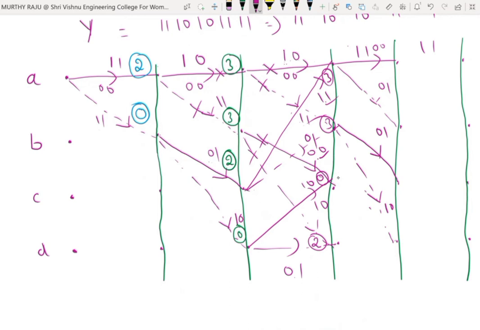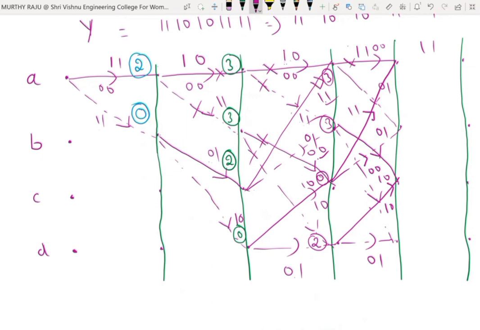C to A, the output is 1 1, and C to B is 0 0. D to C, here D to C is 1 0, D to D is 0 1.